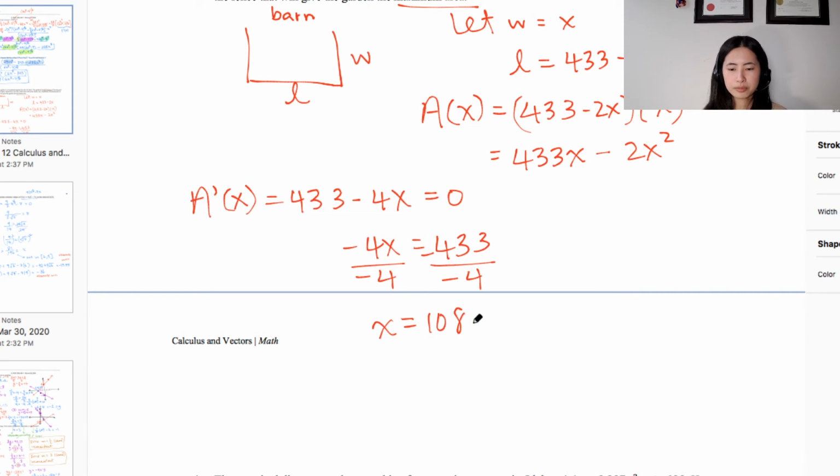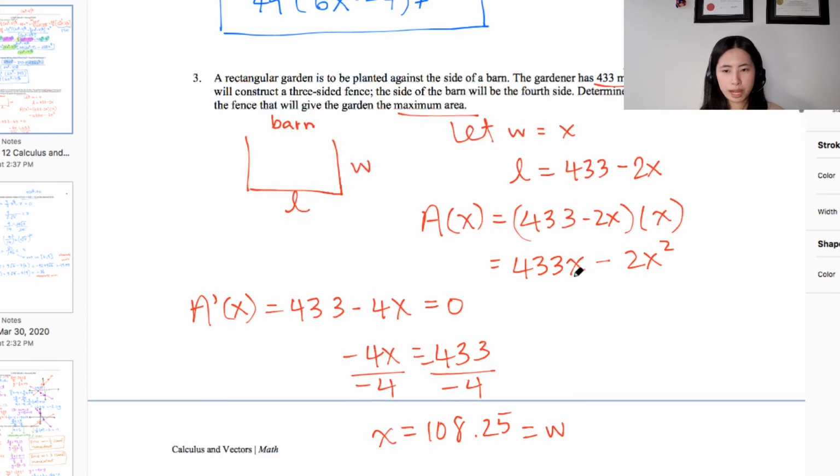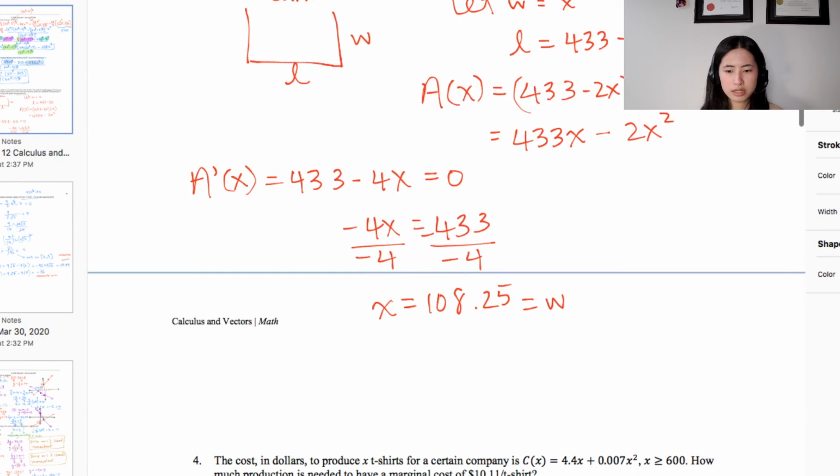108.25. So because we said that x is your width, right? Can you guys see this? So you can actually say that this is your width, and going back to the question, we're using meters. Therefore, your width is 108.25 meters. That's your width. And then how do you find your length?